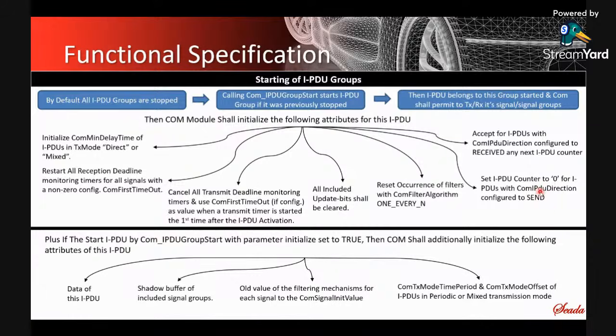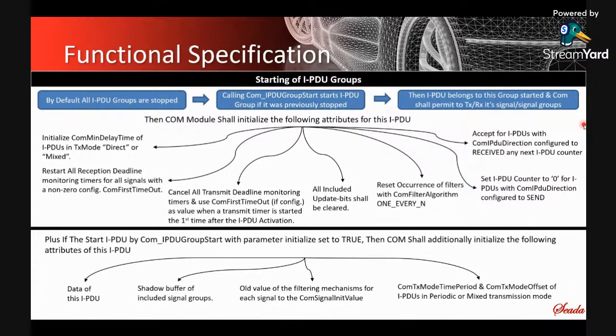We're going to talk about this also, and actually accept all of the IBDUs which Com IBDU direction is configured to receive at any next IBDU counter. As we talked about at the beginning, whenever the employee transmits something to the other employee from company Y, for example, the first week company Y did not know how the mechanism, how the counters, what is happening there, but it received the letter from company X which contains receipt number 1, text number 1, information number 1.